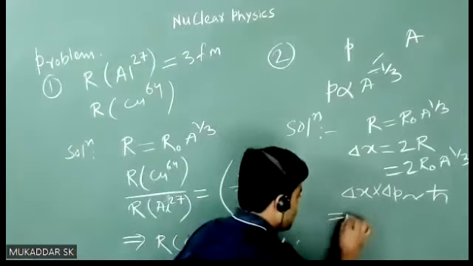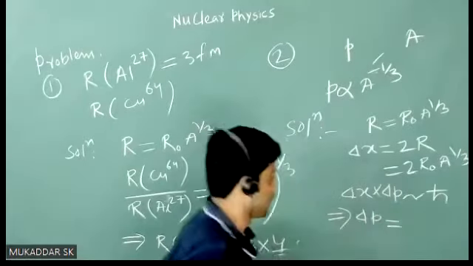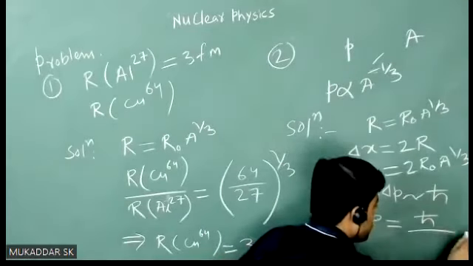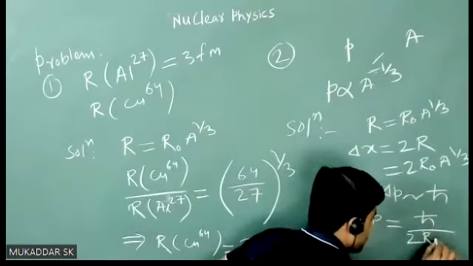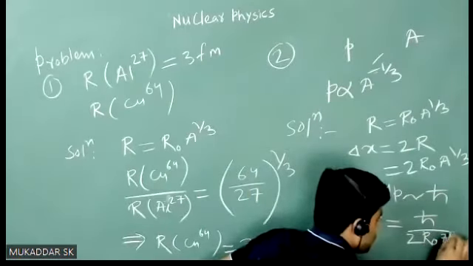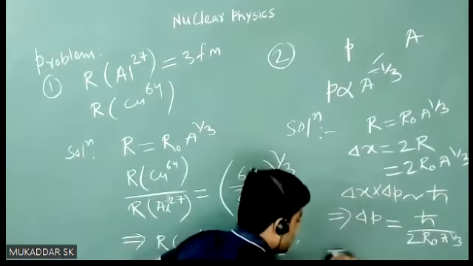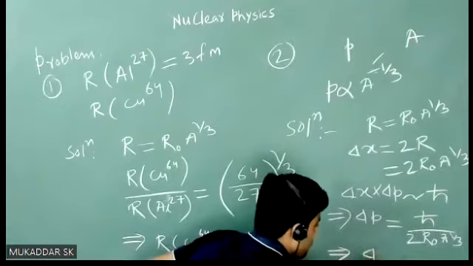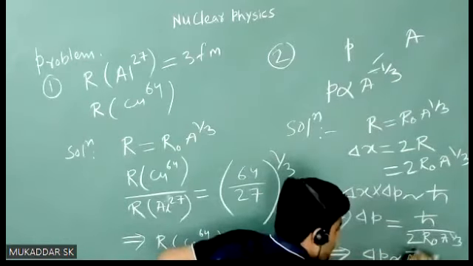So from here you can clearly write that uncertainty in the momentum will be h cross divided by delta x, and delta x is simply 2 r0 times A to the power 1/3. So you can clearly see that uncertainty in the momentum is proportional to A to the power minus 1/3.